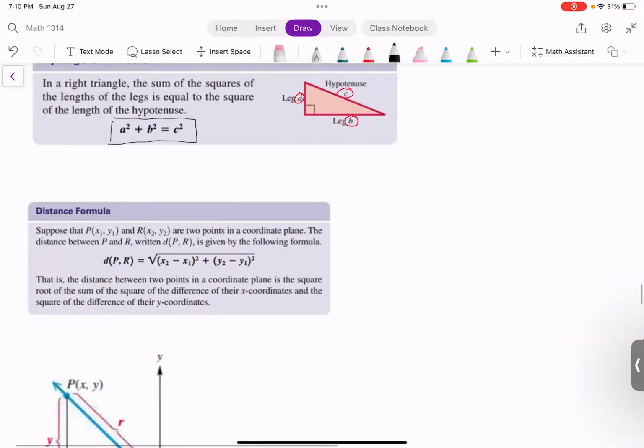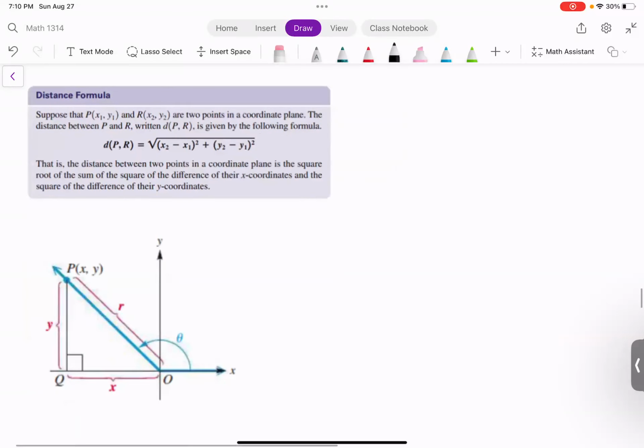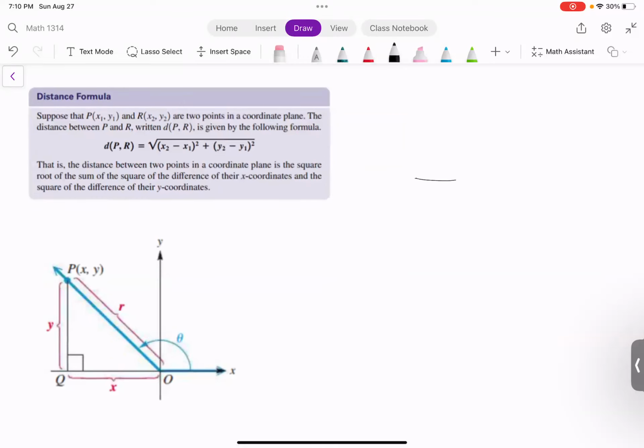How about finding the distance between 2 points in the xy coordinate plane? I have x, I have y here, and I have 2 points, for example x sub 1, y sub 1, and another point x sub 2, y sub 2.